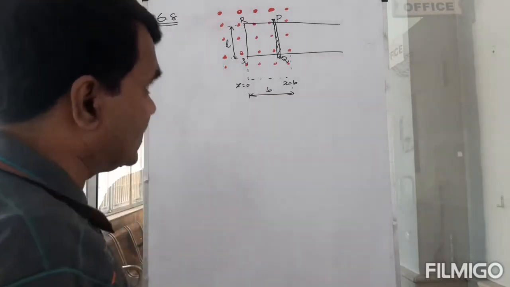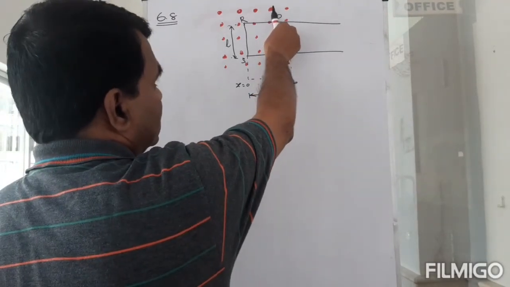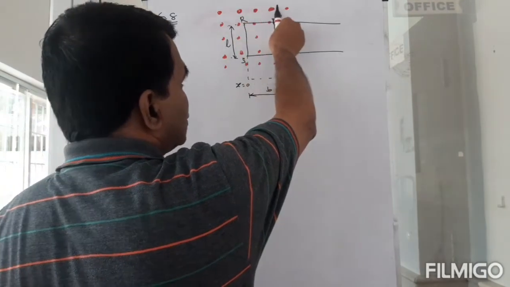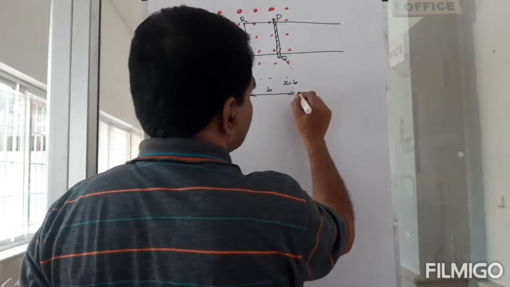And what is happening is that you take this sliding metal rod, you start from 0, you move to 2b. So b, then another b.